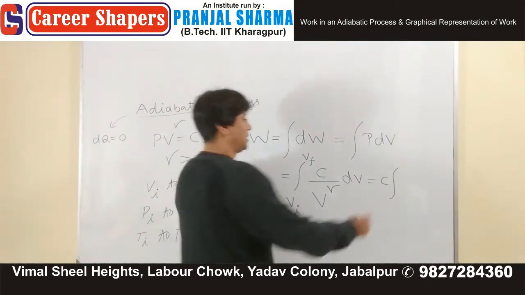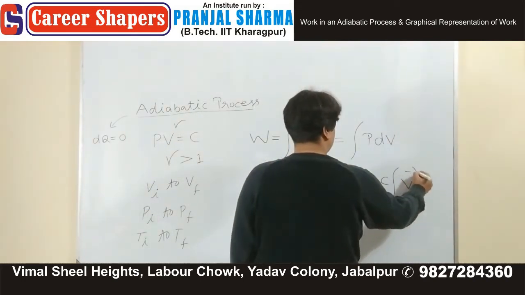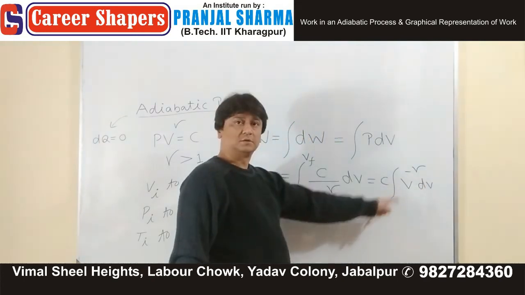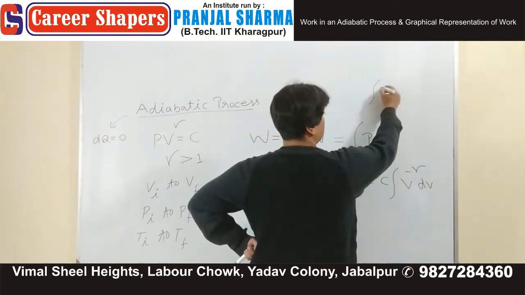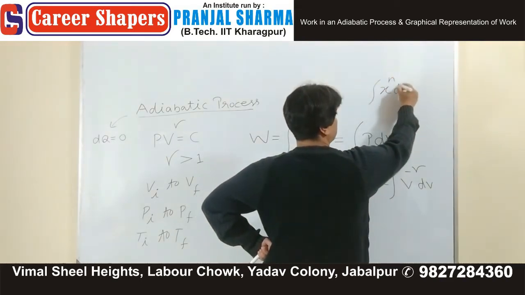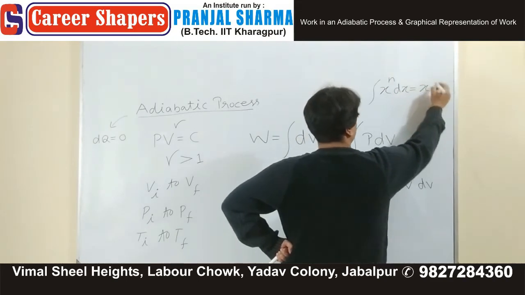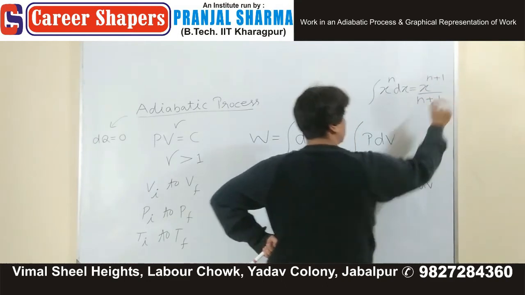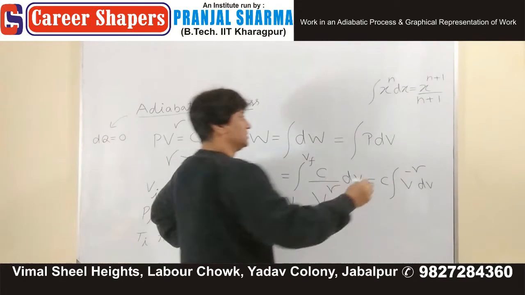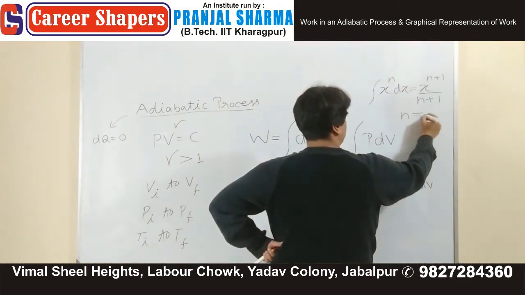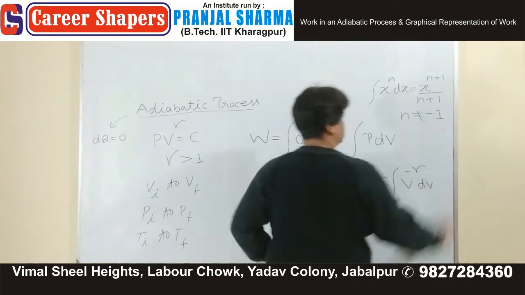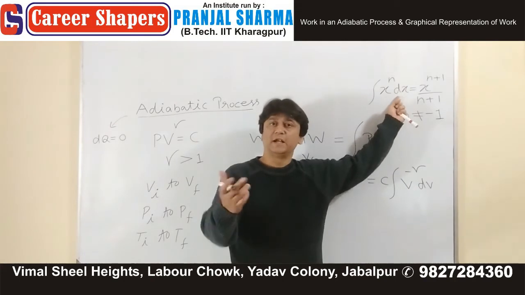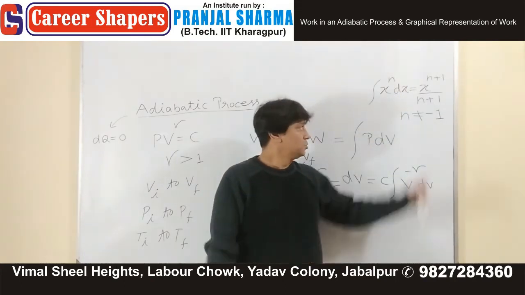Transfer it and it becomes V to the power minus gamma dV. ये तो इस तरह का इंटीग्रेशन है भाई, x to the power n dx, इसका इंटीग्रेशन हुआ करता है x to the power n plus 1 upon n plus 1, and the only requirement is n should not be minus 1, because when n is minus 1, this becomes dx upon x, and the integration is log x.